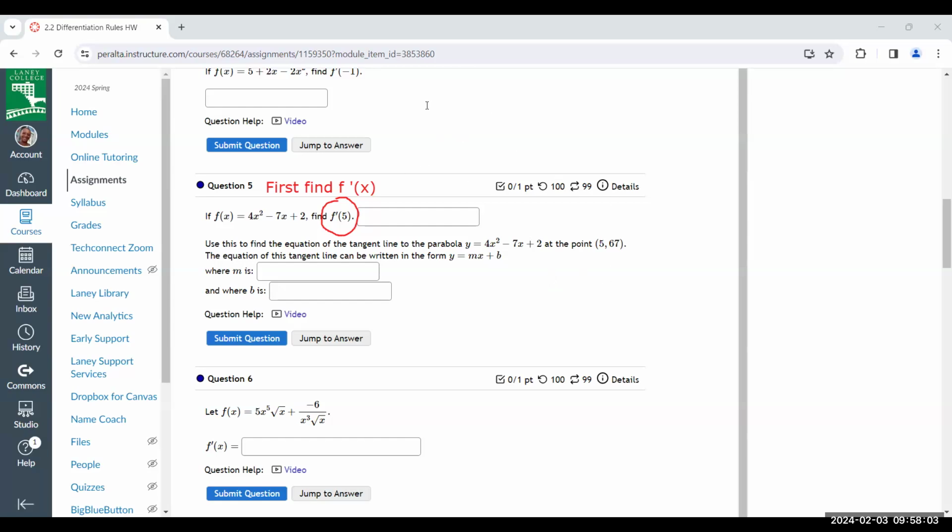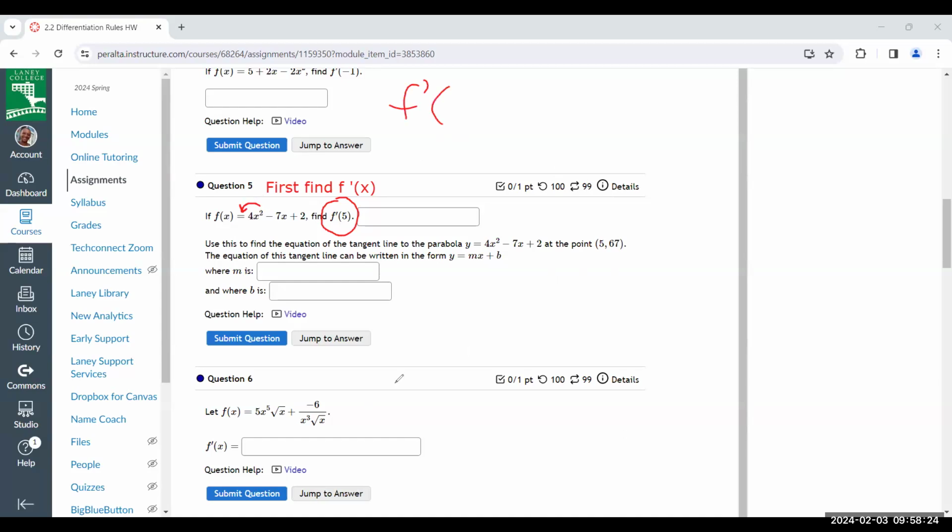So let's use our power rule. Like the 2, notice that drops to the front. And you might notice that you start to do this in your head, the more you do these.